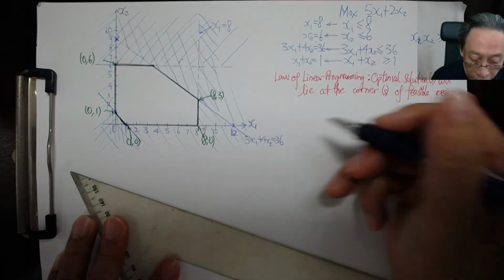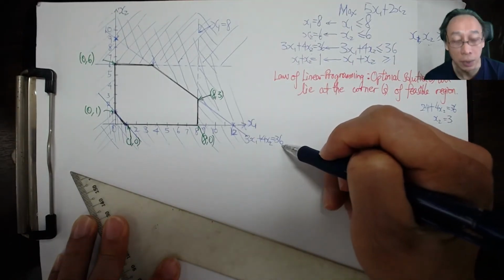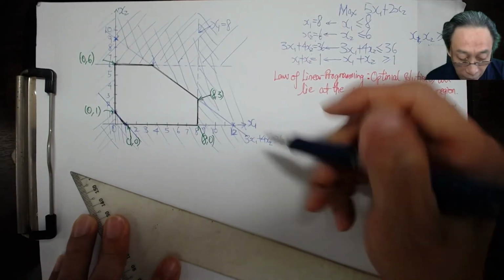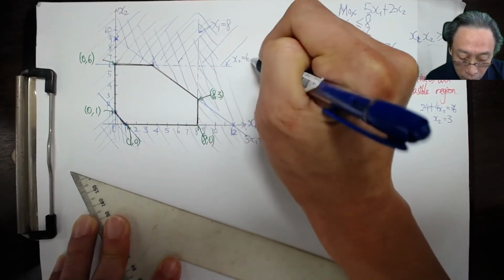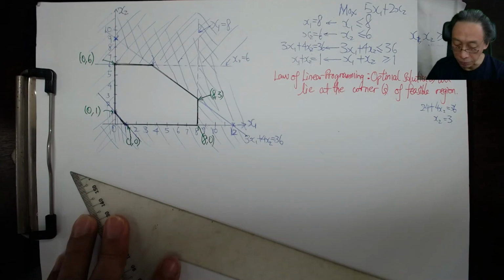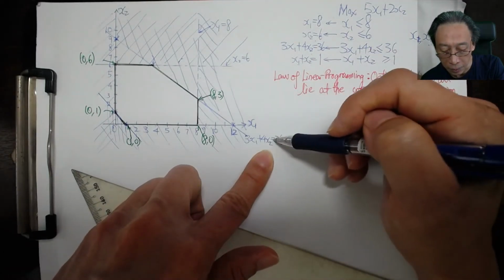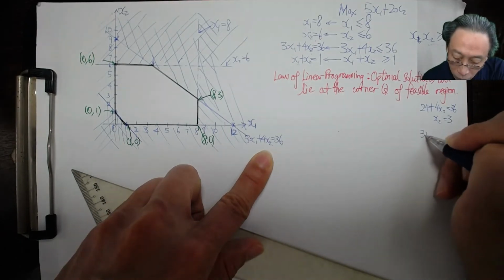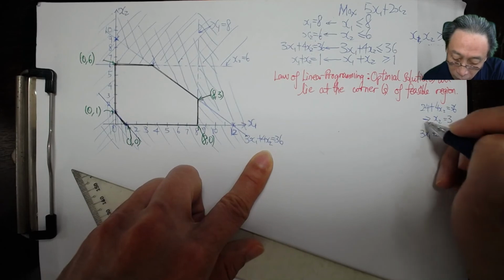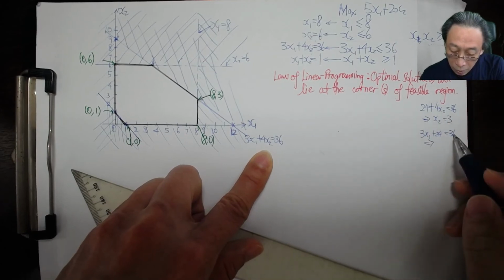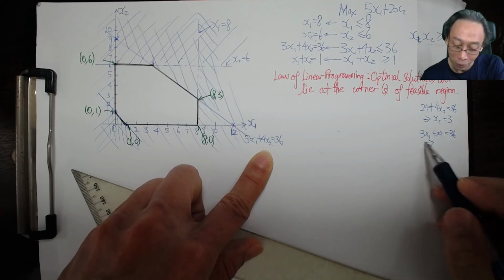And finally, we have this. This is a result of 3x1 plus 4x2 equals 36, intersecting with this line, which is easy, x2 equals 6. So again, we can substitute in x2 equals 6, right? We get 4 times 6, 24. So x1 plus 24 equals 36, and this means that 36 minus 24 is 12, and 12 divided by 3, we get 4.